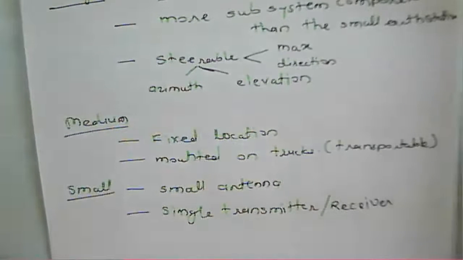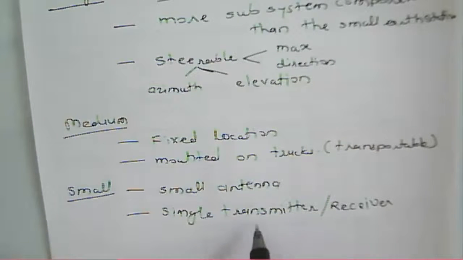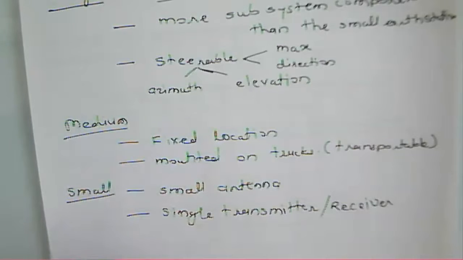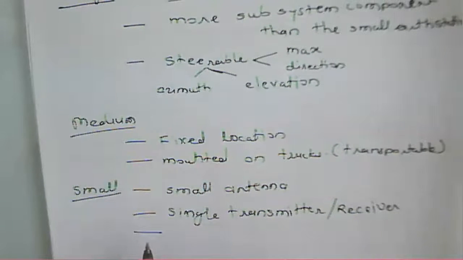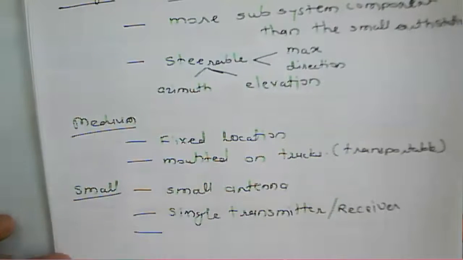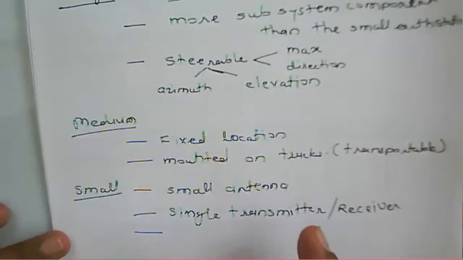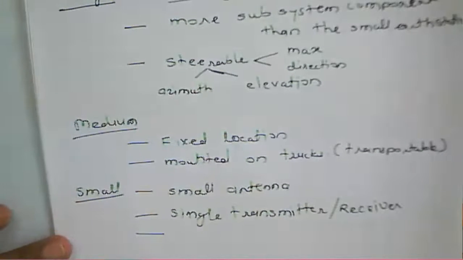That single transmitter and receiver is used to communicate with the satellite. A small earth station is generally used by a corporate or by an individual to receive the signal or for communication.